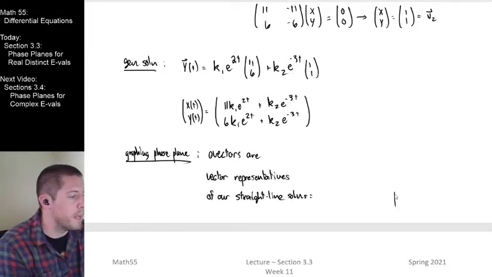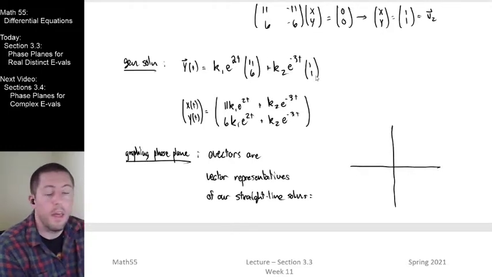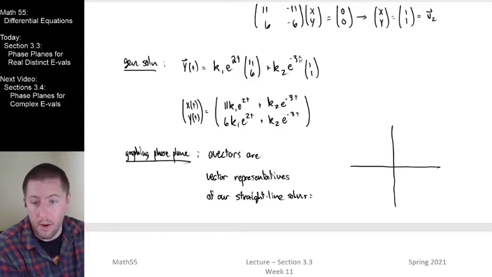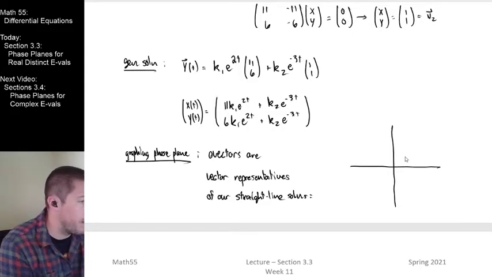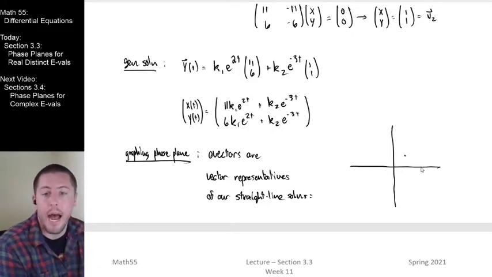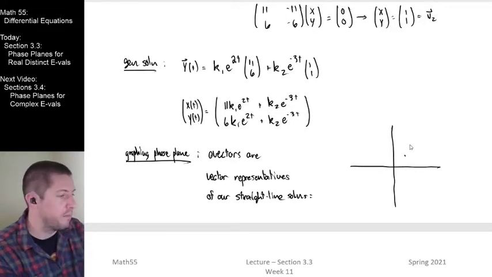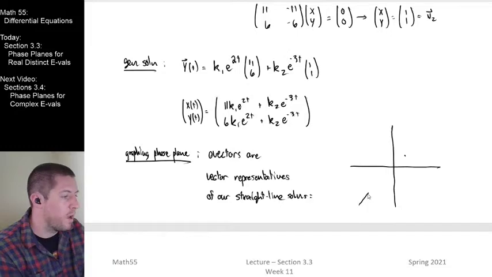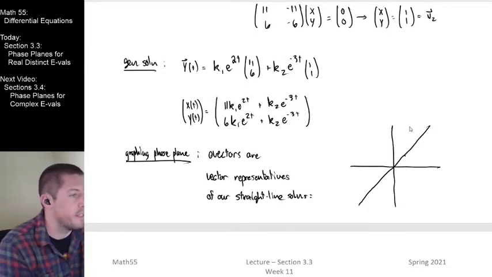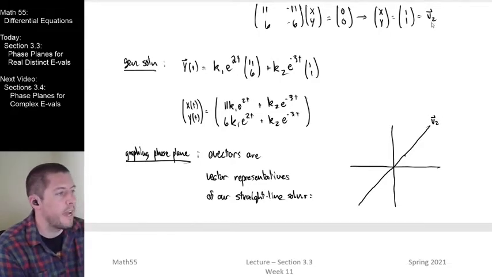What that means is I'm going to graph the line that passes through the origin and passes through 1, 1, right? So there's 1, 1, and I know that there is a straight line solution that passes through this and the origin. So one of our lines is going to be our 1, 1 line right there. I would call this our V2 line. Our second eigenvector was 1, 1, and here's the line representing it.